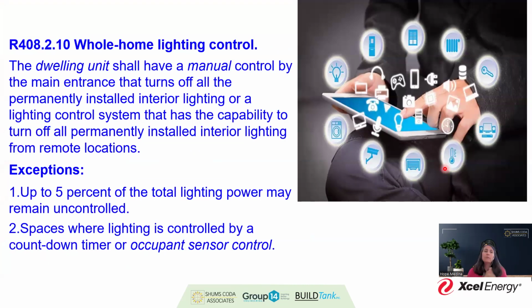And then whole house lighting control. We probably won't see it in the state of Colorado only because 408.2.9 isn't in the table. It is, but it isn't. I'll show you here just a moment.